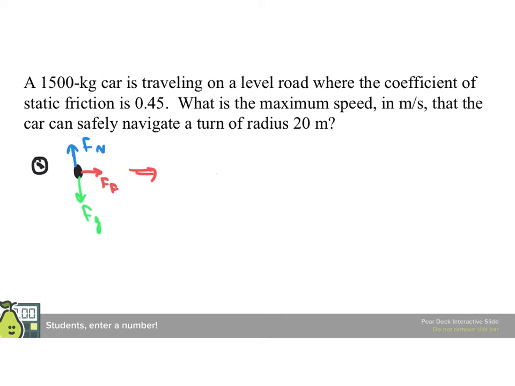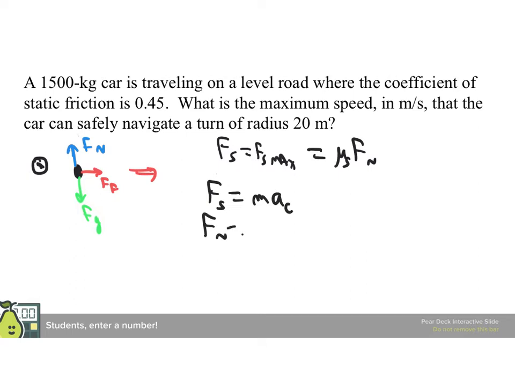Then we can say the frictional force will equal its maximum, which is mu times Fn. From the free body diagram, the frictional force is equal to the mass times the acceleration radially.